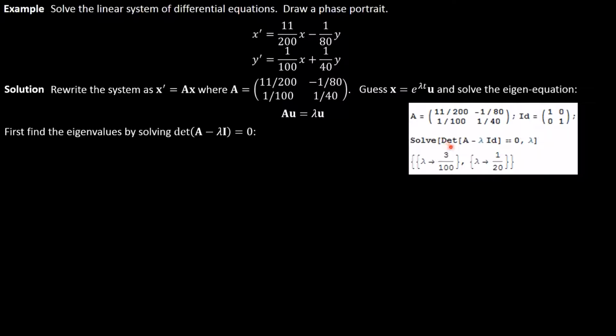Mathematica has a determinant function, capital DET: determinant of A minus lambda I equals 0. Unfortunately, you can't write I here because capital I is used for the imaginary number, so we use ID for identity. Solving for lambda, it tells us that lambda is 3/100ths or 1/20th. Those are the values of lambda that make this happen.